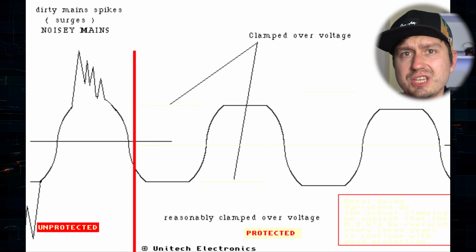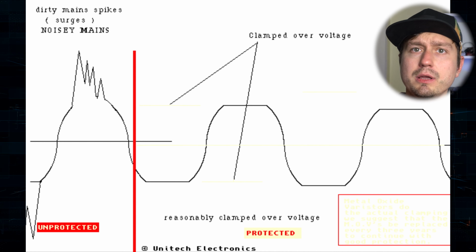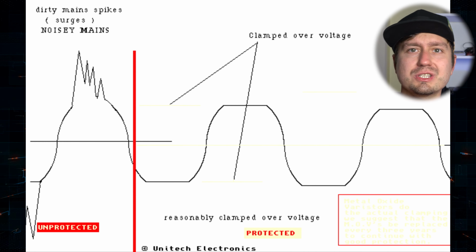Then we also get long surges, and those kinds of surges would typically be related to electricity generation in general, and especially in rural environments that is quite a common problem. In that case, the overvoltage condition will last a significant amount of time, and we cannot just clamp it because we will overheat our clamping circuit.